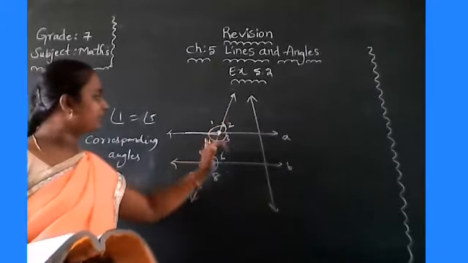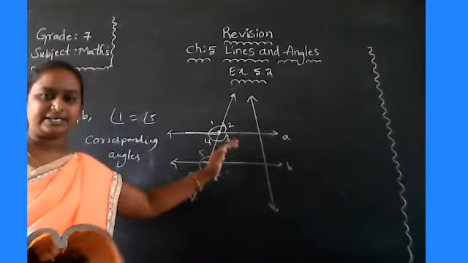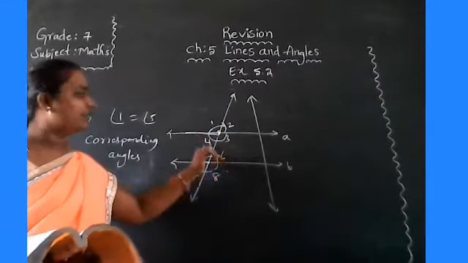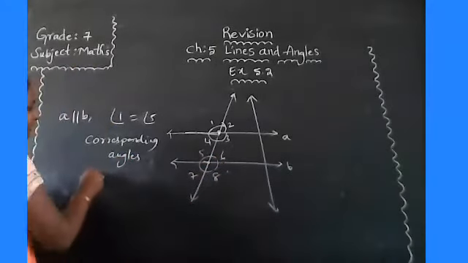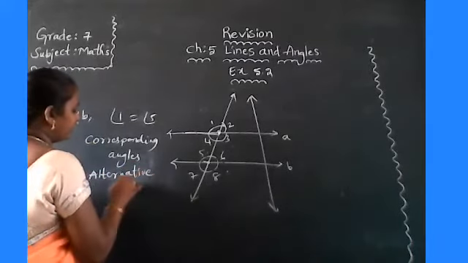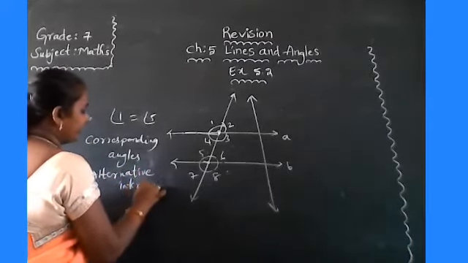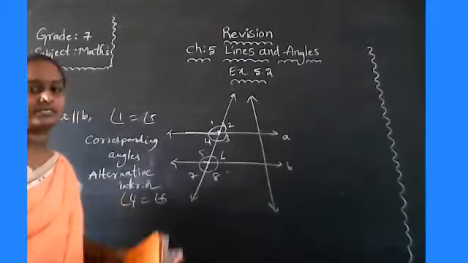These two angles lie above the transversal and below the transversal. So which property here? Alternate interior angles. That's why angle 4 is equal to angle 6.